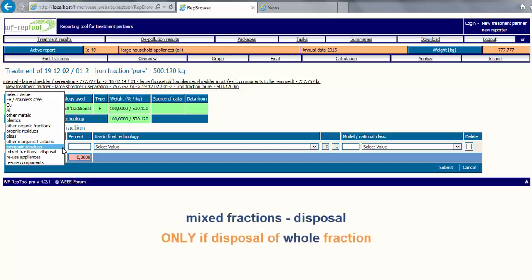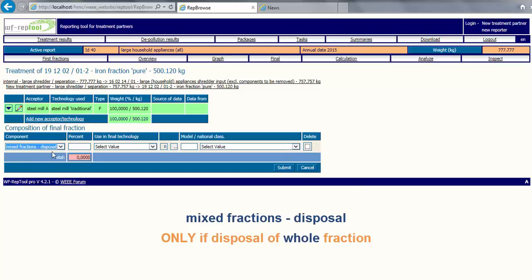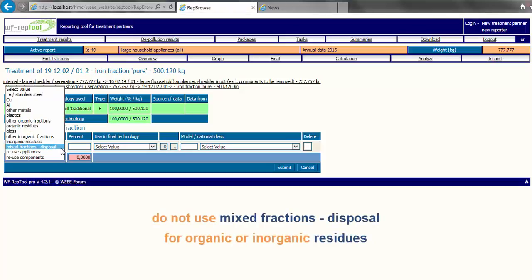Use the component mixed fractions disposal only if you forward a mixed fraction to any final technology for which the use of components is classified as disposal for the whole fraction. Don't use the component mixed fraction disposal for any organic or inorganic residues in any target fraction. Use the options for residues as they are given.